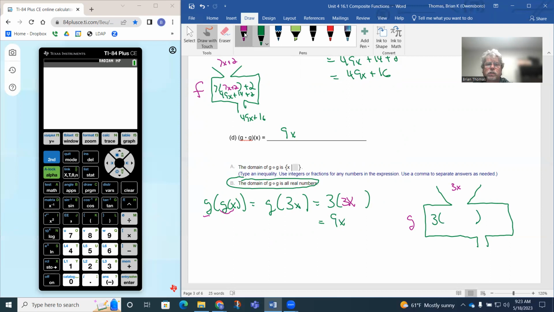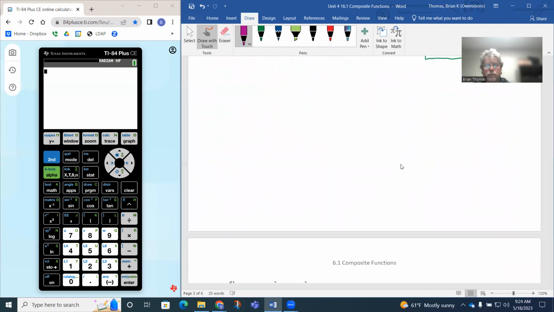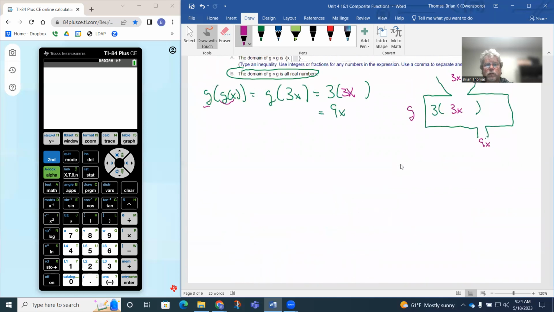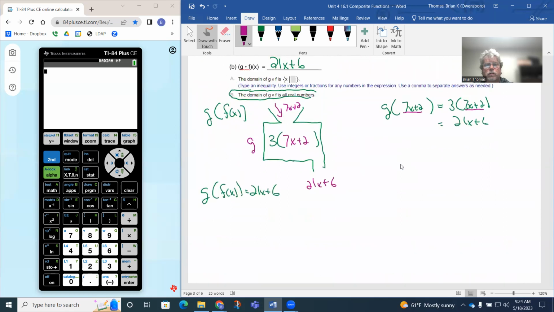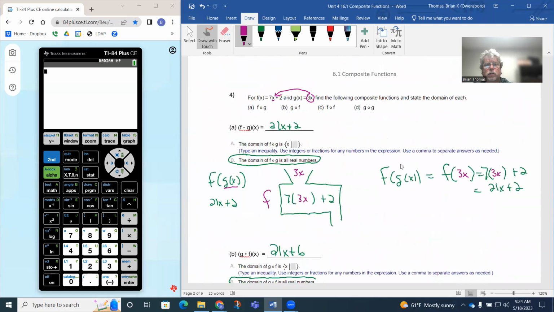So that means what's going in place of x is this 3x. And so when we do the calculations, we just end up with this 9x coming out. So that's how we can see it from a drawing perspective. Okay. So that was question 4.